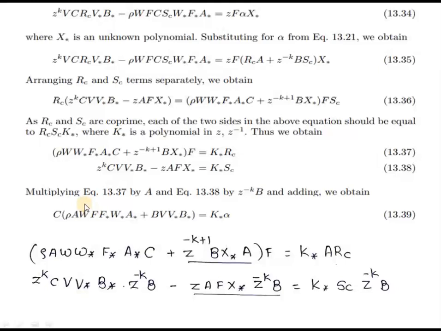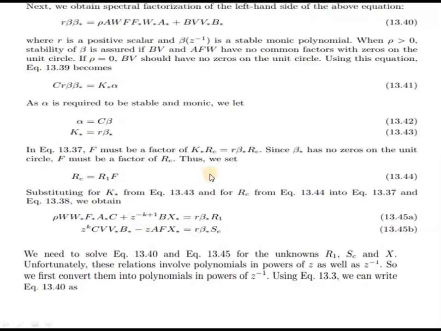In these equations we just put the value of k star and rc. With the replacement of these values, the two equations become this equation.